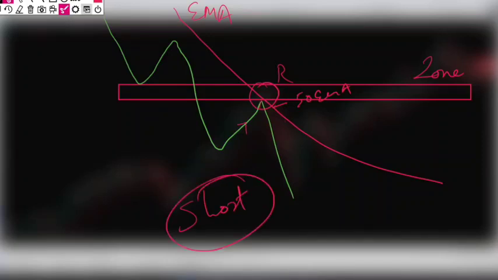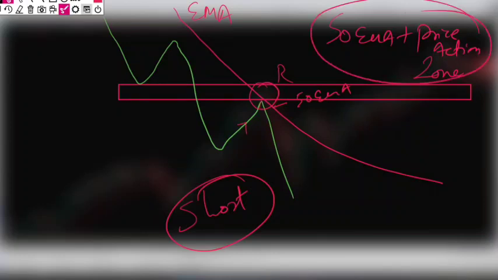Okay, this is the very beautiful setup I personally use in swing trading especially, and in intraday also I use it a lot of the time. So this is my base setup. If you use 50 MA with 50 EMA plus price action, then it works properly, and according to my trading journal, this setup gives me around 70% accuracy.